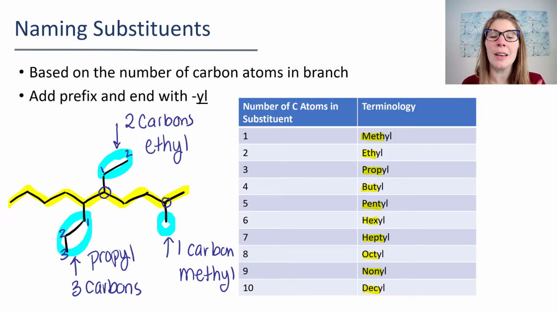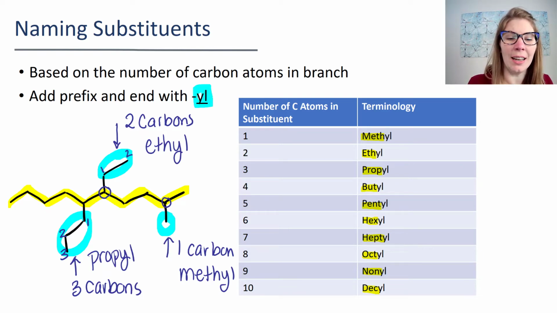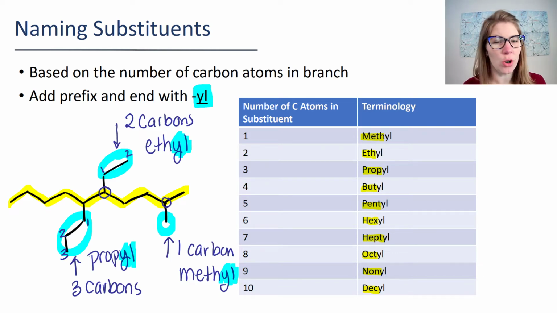The difference is because this is a branch, the ending becomes YL. So when it ends in YL, that's how you know that we're talking about a substituent now, or a branch, and we're no longer discussing the parent.